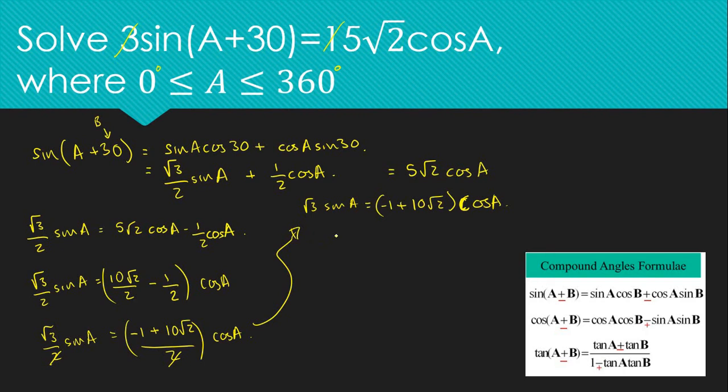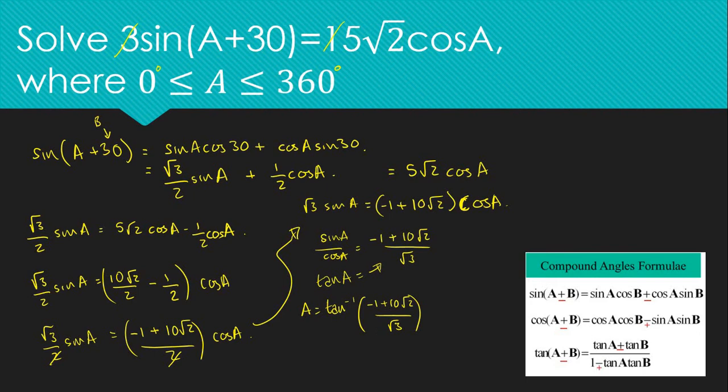Essentially I'm dividing both sides by root 3 cos A, but what I'll end up with is sine A over cos A equals negative 1 plus 10 root 2 over root 3, which means that tan A equals that stuff. What that means also is that A equals arctan, tan to the negative 1, of negative 1 plus 10 root 2 over root 3.